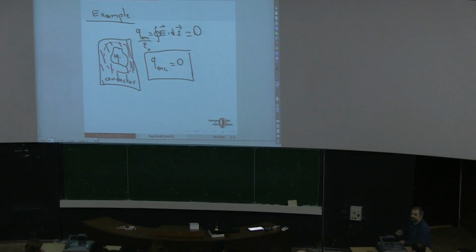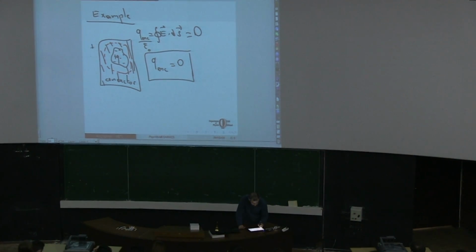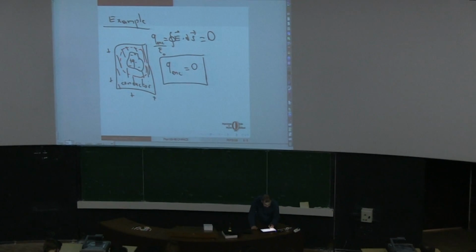Well, this is a positive charge, this is a conductor, so the negative charges are free to move. Negative charges will move towards our charge. So we will have negative charges over here and positive charges on the outside of my conductor.